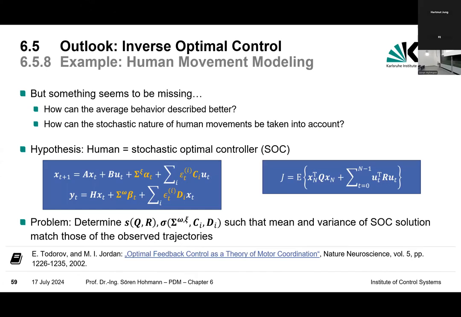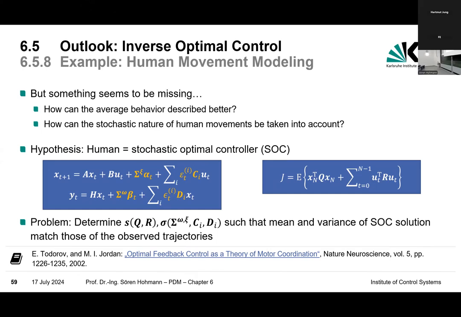Why is that? Because the human behaves, unfortunately, according to a stochastic optimal control problem, where the stochasticity becomes relevant. The closer you are to the final object, the less variance you have, and in between you have huge variance. So it scales over your movements, and that's something you observe.